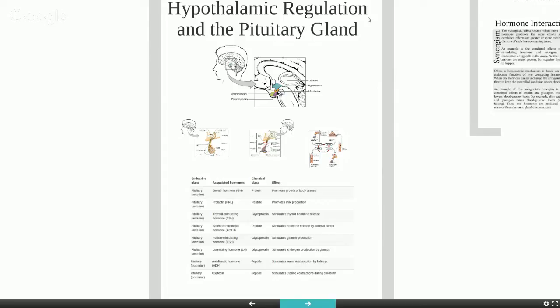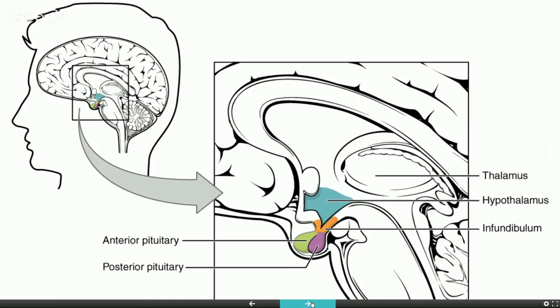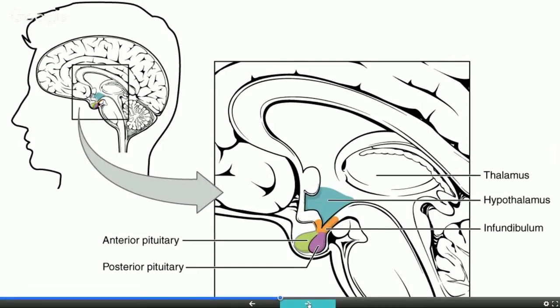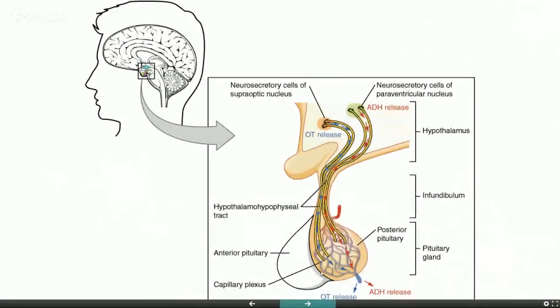So hypothalamic pituitary relationships, here's just the anatomy. The hypothalamus is this area here, and then the pituitary is just below it. There's an anterior and a posterior portion to it. The posterior portion is where axons from a couple of nuclei in the hypothalamus end and release hormones into the bloodstream.